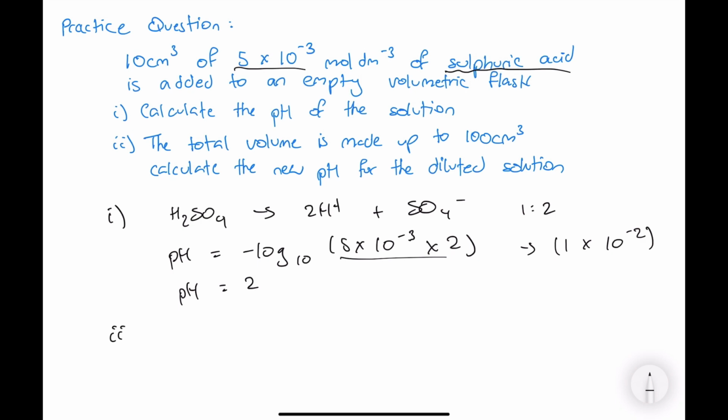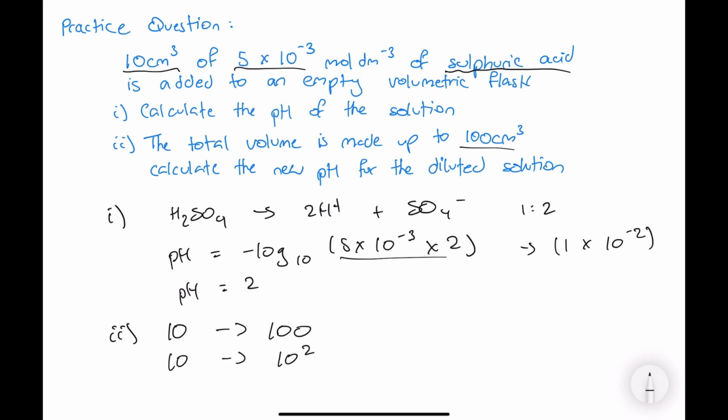The next step is, this one's a bit more interesting because we are diluting the solution, from an original volume of 10 to a new volume of 100. And again, we don't need a calculator necessarily to figure this out, because if you can see, the difference of 10 to 100 is the same as 10 to 10 squared.